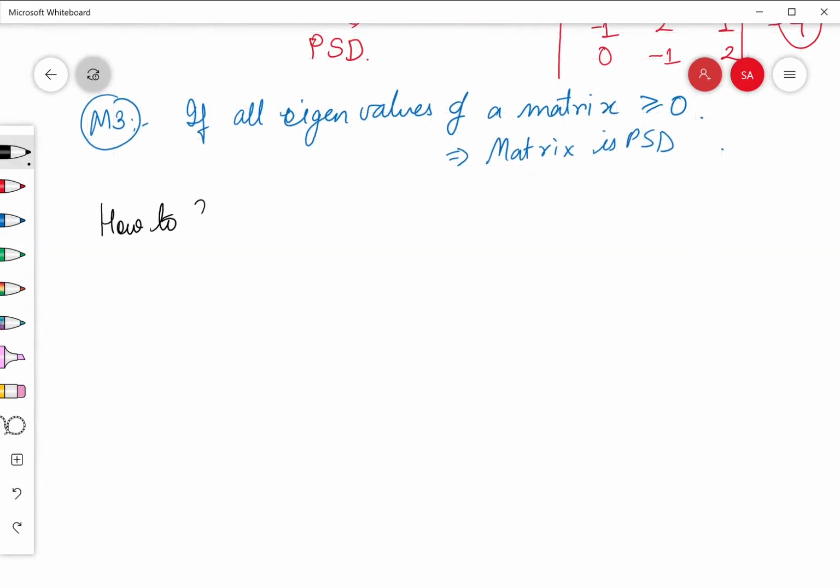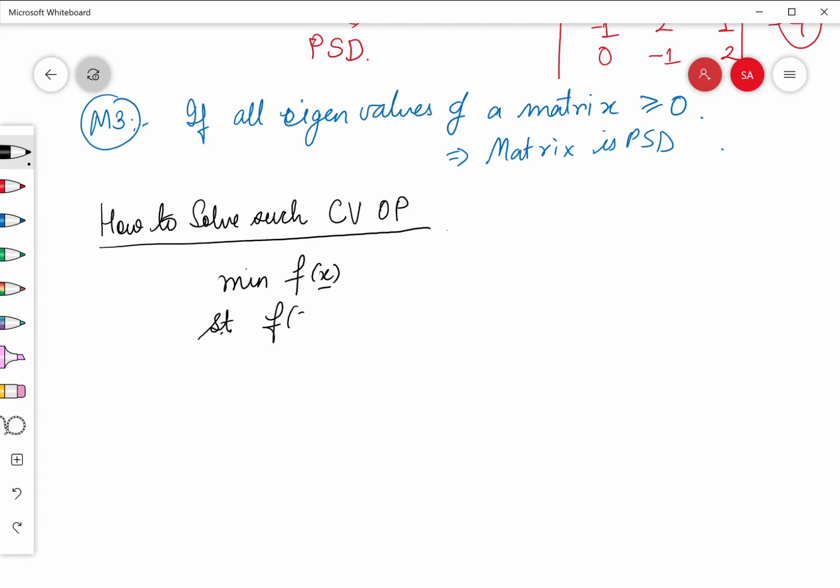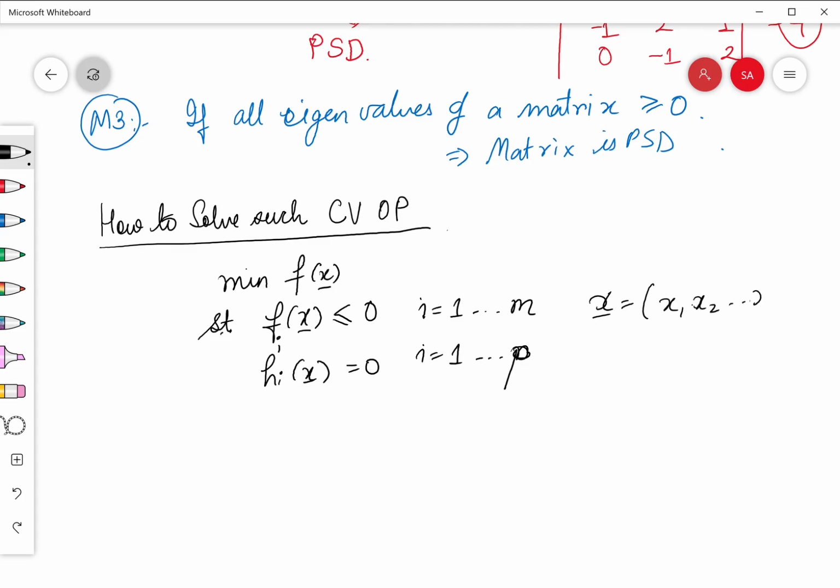So I'm again writing the problem: minimize f of x subject to the constraints that fi of x is less than or equal to 0, there are m such constraints, and hi of x equals 0, there are p such constraints, and x is a vector, x1, x2 till xn.